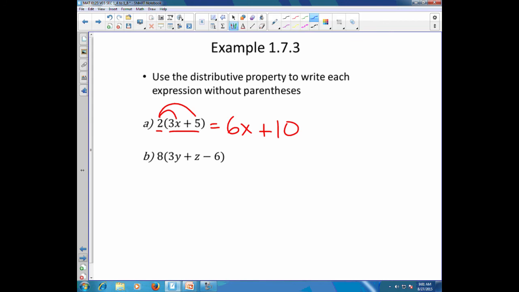Now below we want to do the same thing. The 8 is going to distribute to all 3. 8 times 3y is just 24y. 8 times z is just 8z. And then 8 times negative 6 is going to give you minus 48.